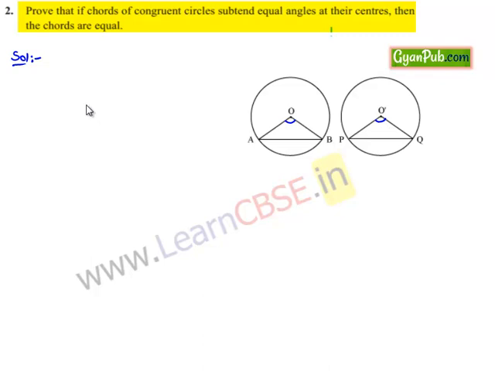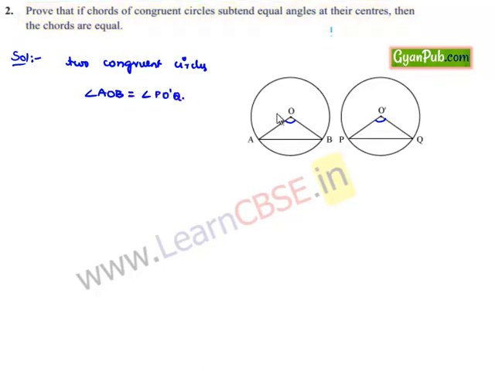Therefore, let us note down the information that there are two congruent circles given with centers O and O dash, and he has also given angles subtended by the chords at the center is of equal. Therefore, here we can say that angle AOB is equal to angle PO dash Q. We need to prove that AB is equal to PQ.